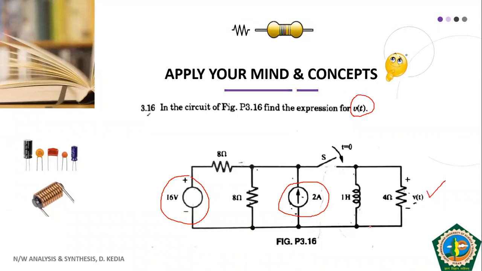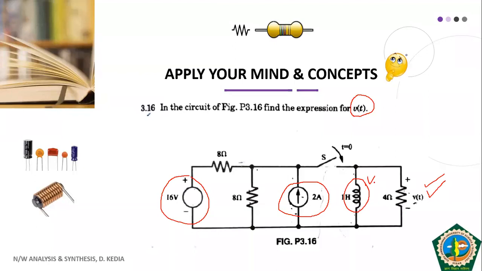And you all know that we always find out current or voltage across either the inductor or capacitor first, and then we move to the resistance. So here also we will adopt the same strategy. VT is the voltage across this resistance, and this inductor and resistance are in parallel. So whatever voltage will exist across the inductor, the same voltage will also appear across this resistance.